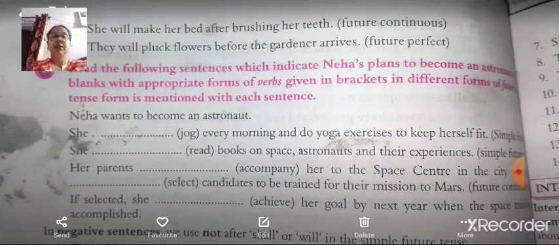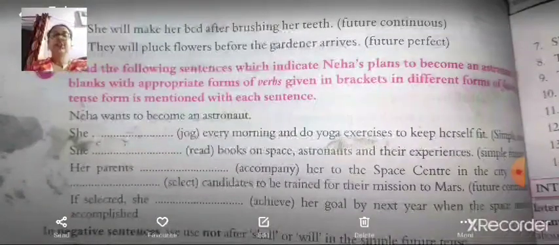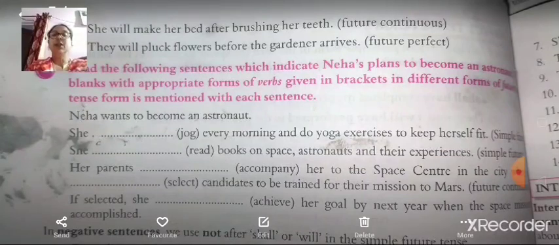Future continuous tense. If selected, she will be achieving her goal by next year when the space mission will be accomplished.